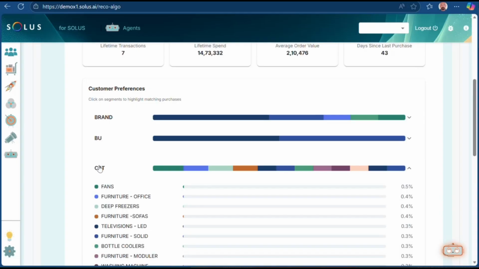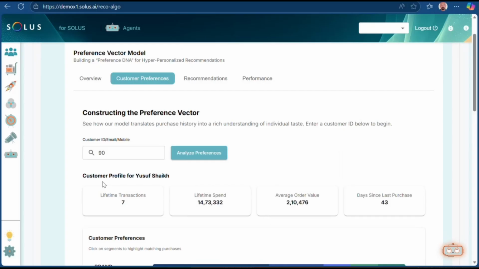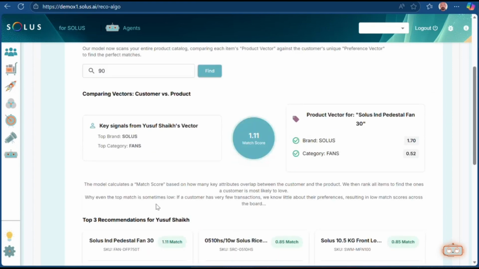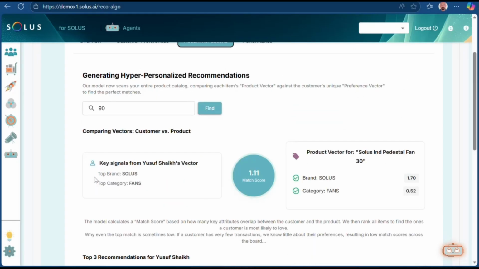Do they have a preference on, let us say, subcategory, and so on? When I have that information, I could take all of that and say, this is the customer's preferences across a bunch of product attributes. So this allows me to say, these are the kinds of products I can recommend that also match these preferences. Where does this become useful?